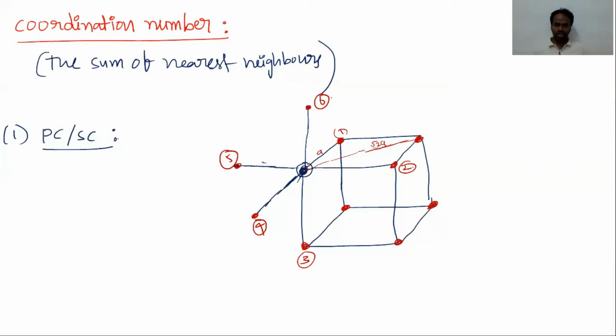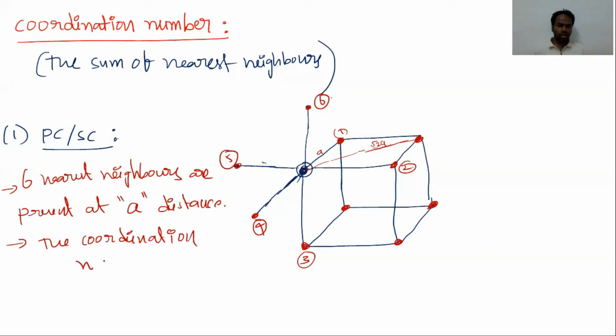These 6 nearest neighbors are present at a distance of a. So the coordination number is 6.